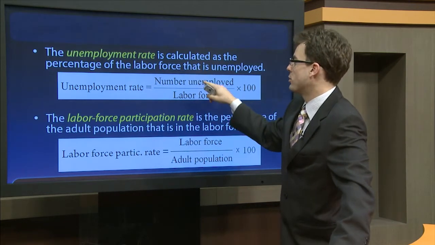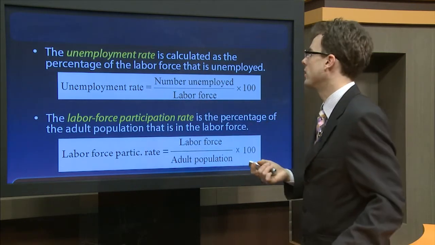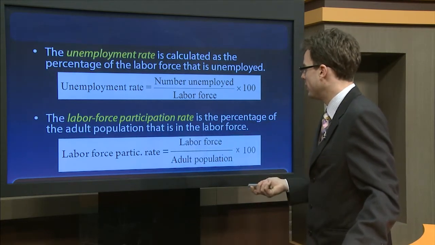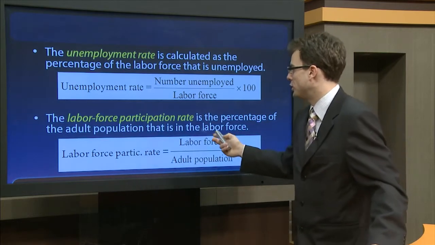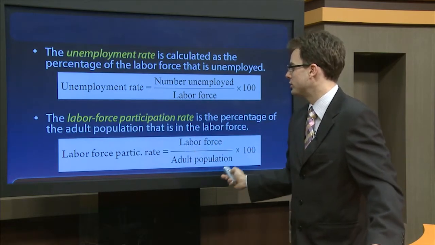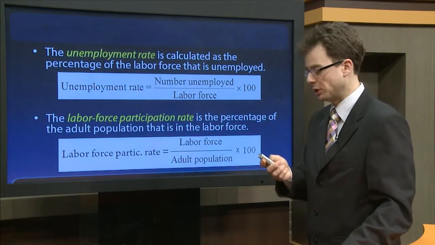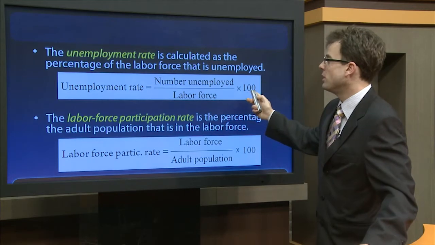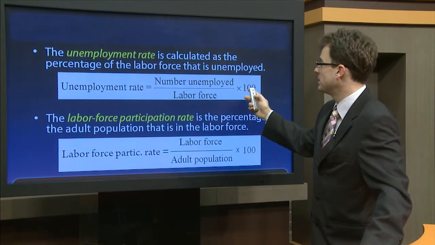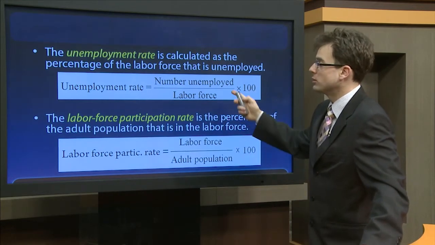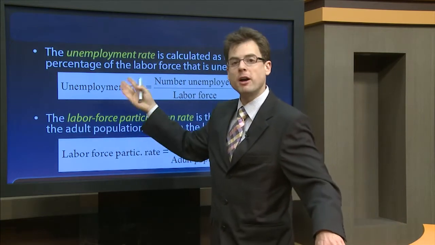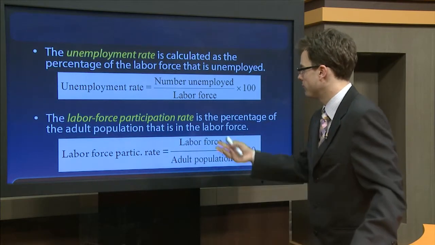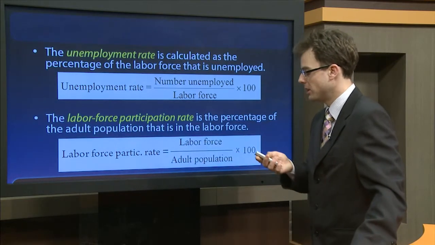And we divide number unemployed by the sum of employed and unemployed workers. Labor force participation rate is just the ratio of the entire labor force to the entire adult population in a country. And generally we multiply these ratios by 100, so we would talk about let's say 5% unemployment rate, 10% unemployment rate, and so on. Maybe 50 or 60% labor force participation rate.